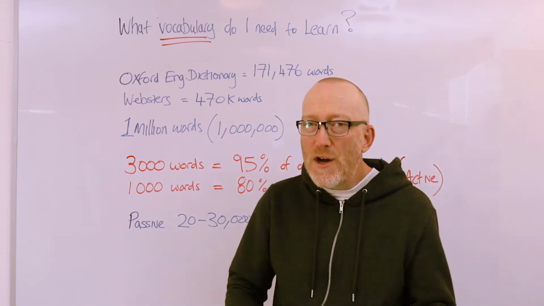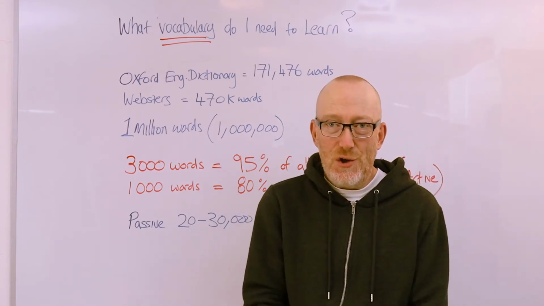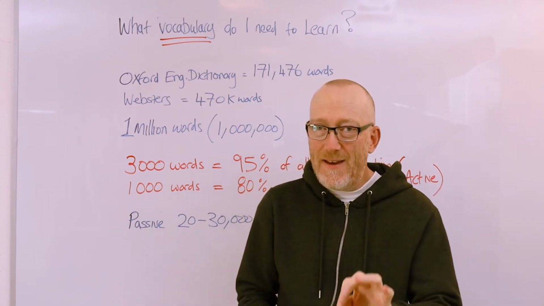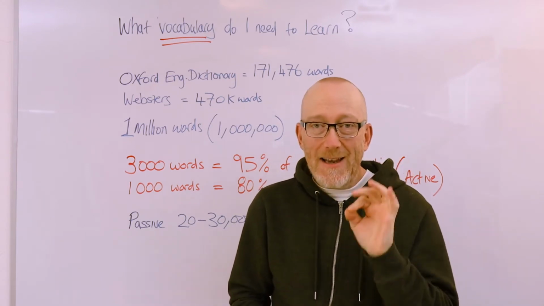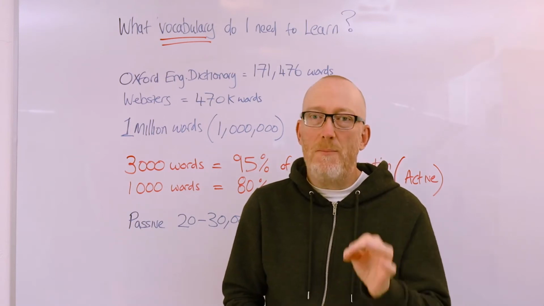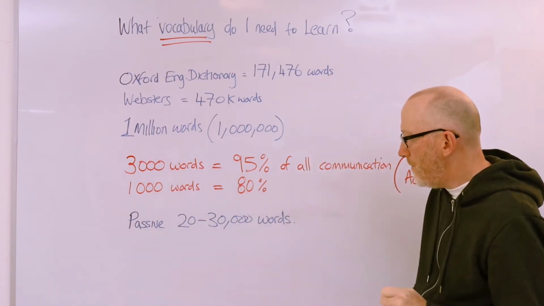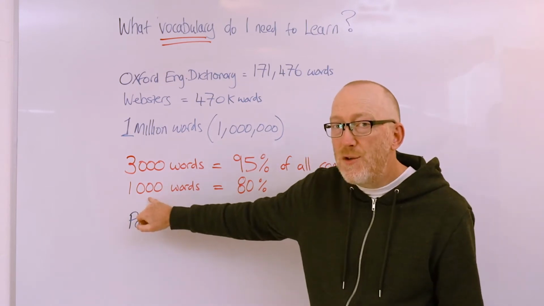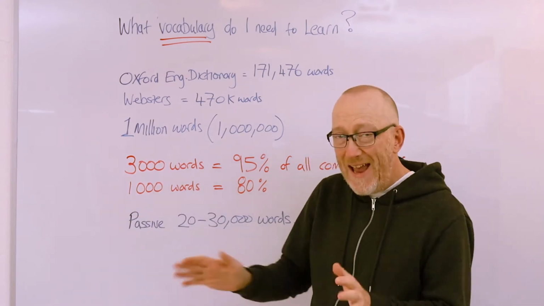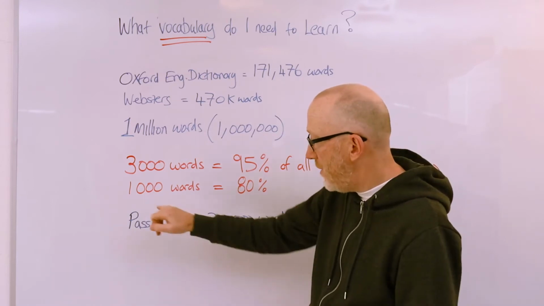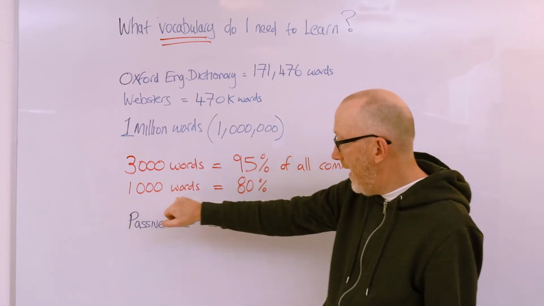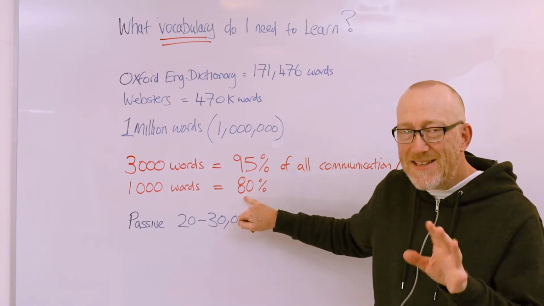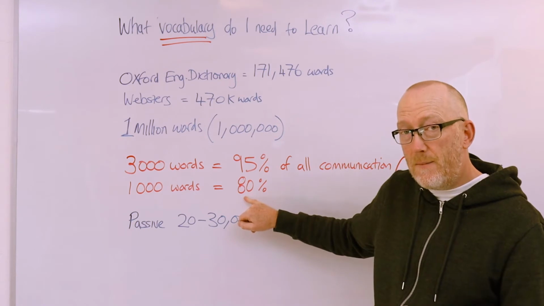So how many words do you need to speak a language fluently? Now, scientists and researchers can give us some very, very specific numbers here. If you have 1,000 words, and not just any 1,000 words, but we'll come to these words in a second, 1,000 words in English will allow you to communicate up to 80% of what you need.